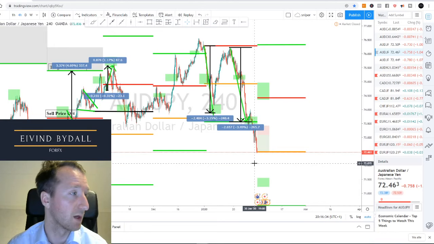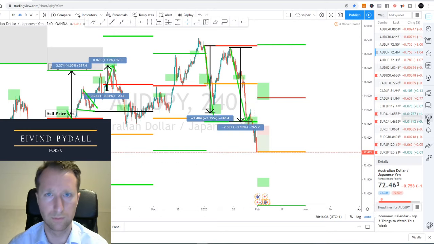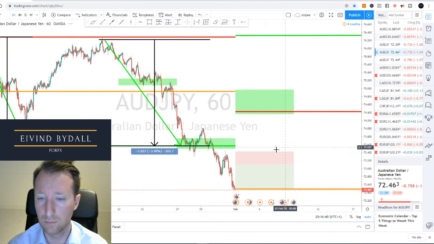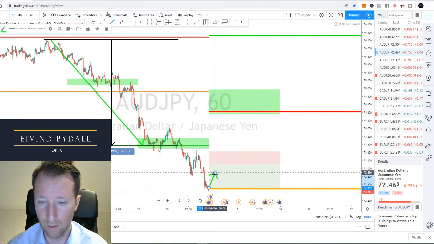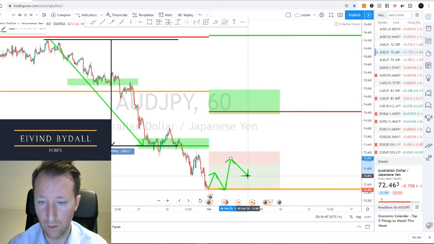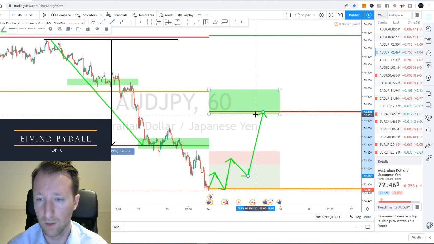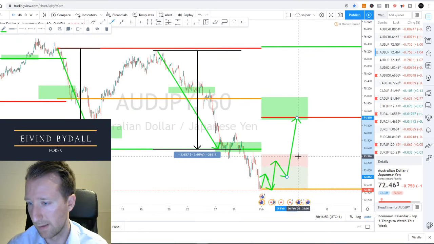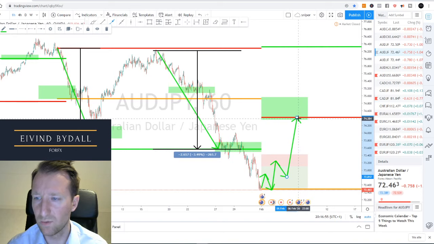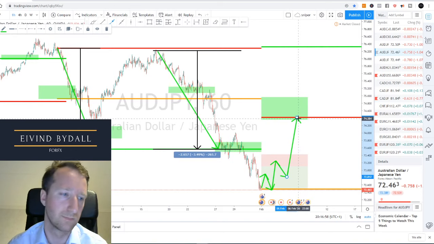Okay? I think that's quite good. Look for a buy reversal, a double bottom. What's a double bottom? That's a double bottom. Higher high, higher low. Boom, you're done. Target is 74, 73.5. Just look at it.